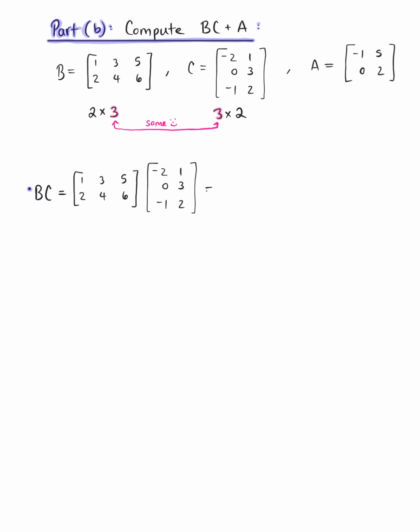So here we go. We have the first row of B times the first column of C, which gives us -2 plus 0 minus 5. We have the first row of B times the second column of C, which gives us 1 plus 9 plus 10.